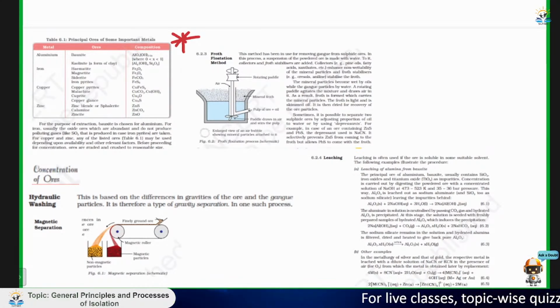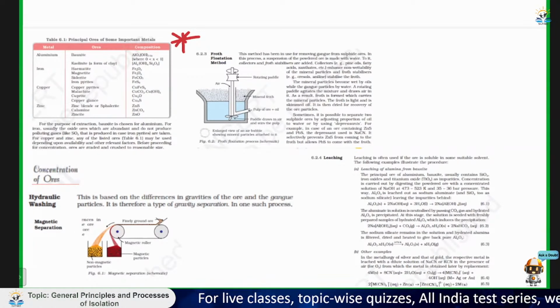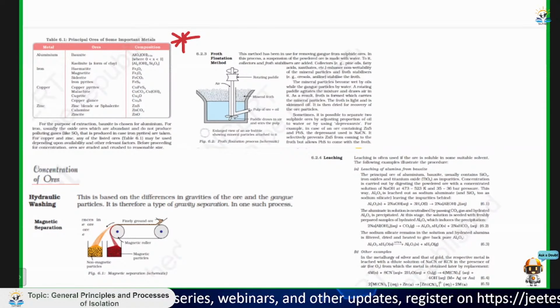Hydraulic washing is essentially based on the principle of gravity separation. Among the impurities, some particles are subject to more force of gravity and fall faster, and some are subject to less force of gravity.